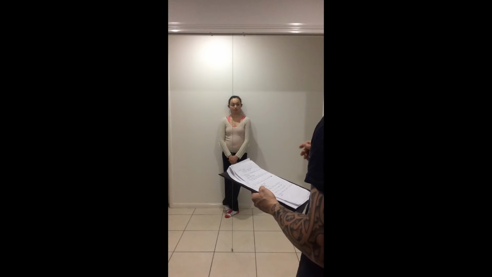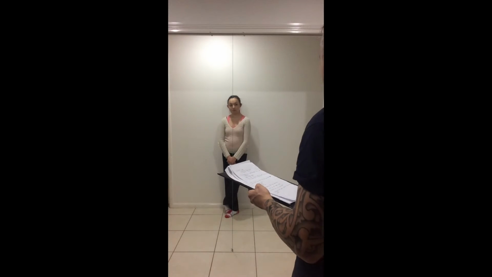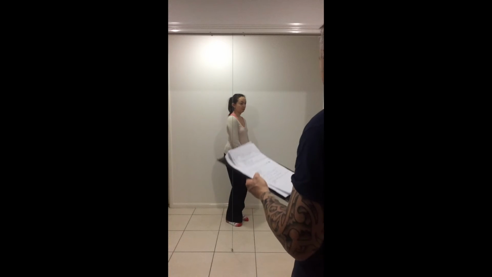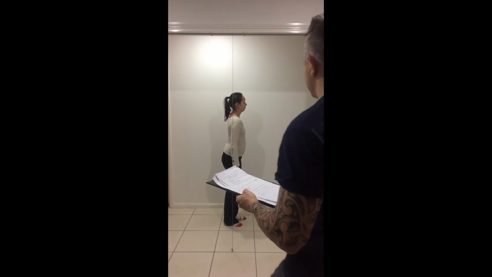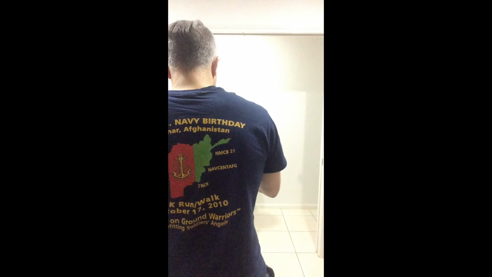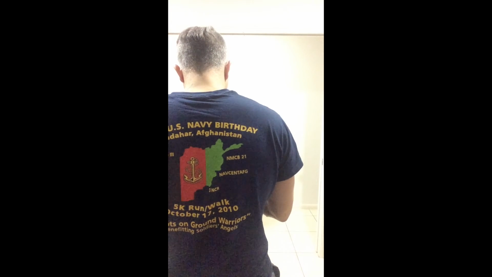Okay, now what I'll get you to do is turn to your left and face the, yep, doesn't matter whichever way. And then I'll line you up, so if you step backwards slightly, a bit more, forward a little bit, slightly back a little bit, just hold it there. Alright, I'm just going to mark on the form if there are any deviations, and actually it looks pretty good, looks really good.